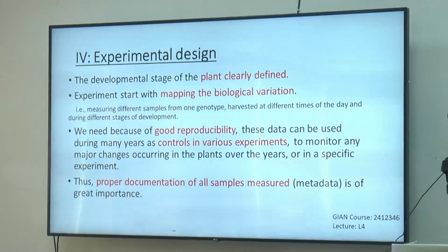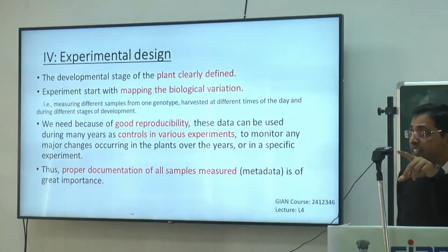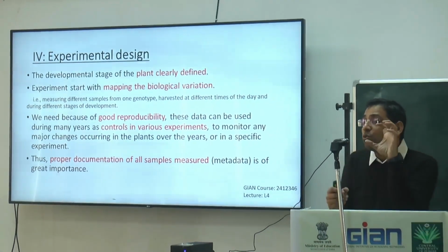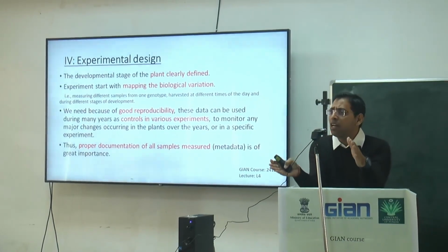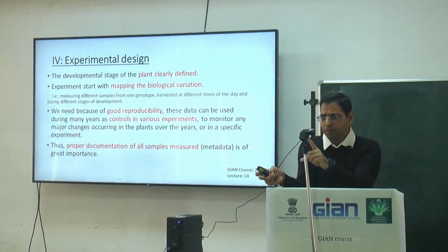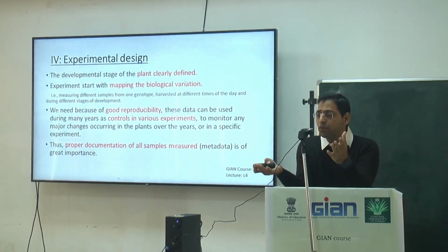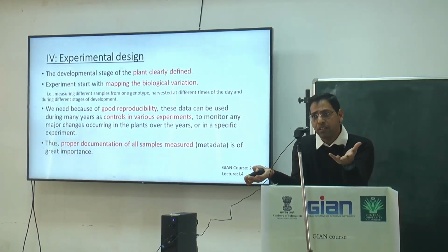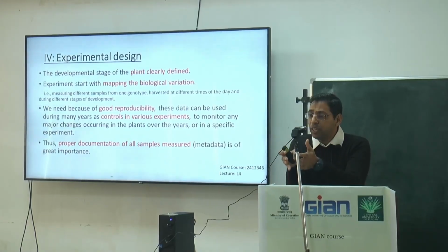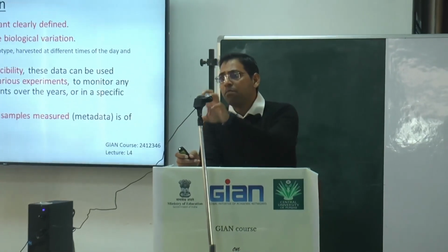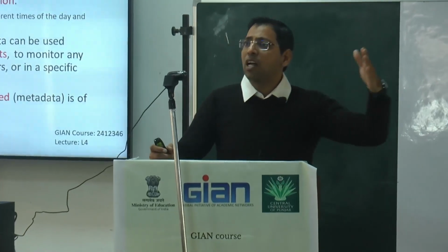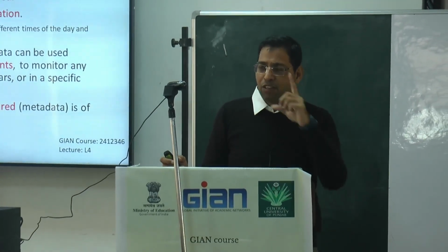So whatever experiment we design, we have to capture the biological variation in terms of the different biochemical accumulation. So that is our mandate actually. Metabolomics means biological variation. We want to show that this experiment proved this type of biological variation as compared to the other samples.